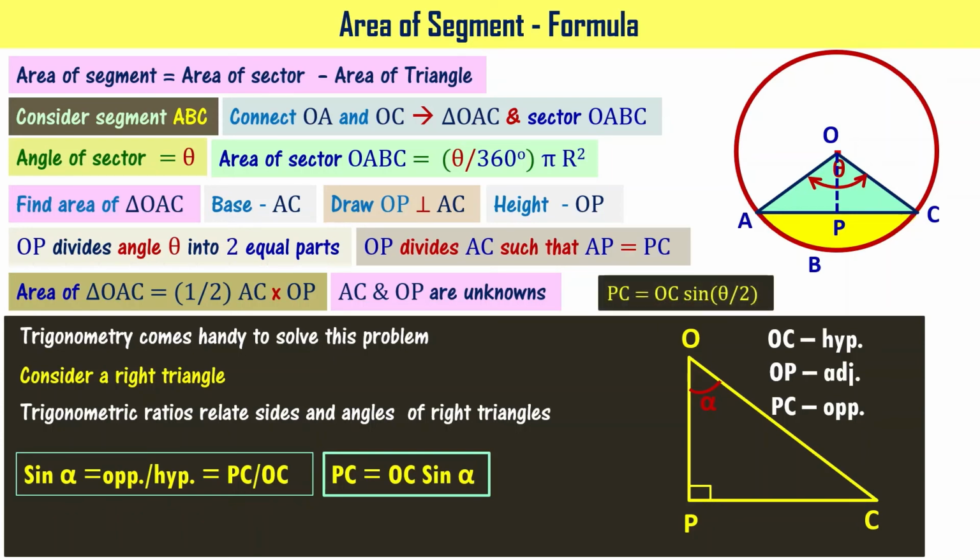So PC can be written as OC times sin theta by 2. If I consider only the right triangle, triangle OPC as shown here, the angle POC is theta by 2. That's why we can write now PC equal to OC times sin theta by 2, right?